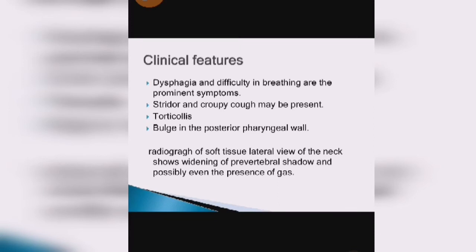There may also be hoarseness of voice because of the obstruction of the airways, torticollis, and a bulge in the posterior pharyngeal wall. A radiograph of the soft tissue, lateral view of the neck, shows widening of the prevertebral shadow and possibly even the presence of gas as well.